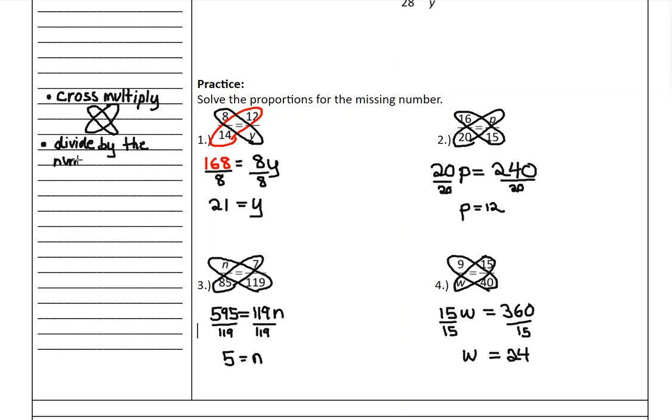Divide by the number paired with the variable. So to solve, first you cross multiply, then you find the number that is paired with the variable. We call that the coefficient, and you divide by that value.